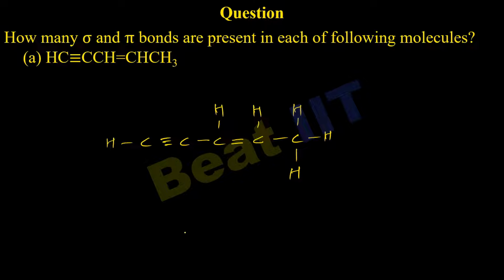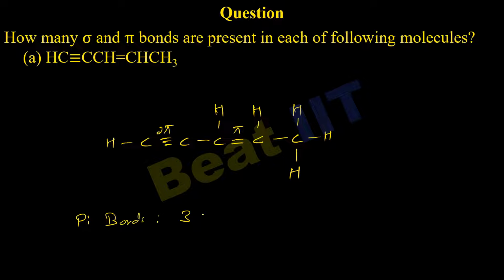Now consider pi bonds. In the triple bond, 1 sigma bond, the rest 2 are pi bonds. In the double bond, 1 sigma bond, 1 pi bond. It means total 3 pi bonds. These have to be between carbon and carbon. You can't have a double bond or triple bond between carbon and hydrogen.